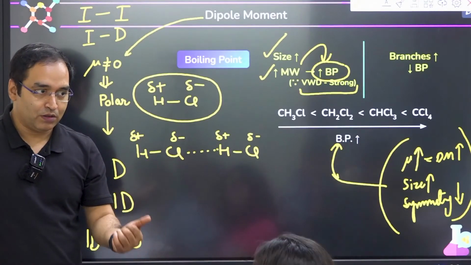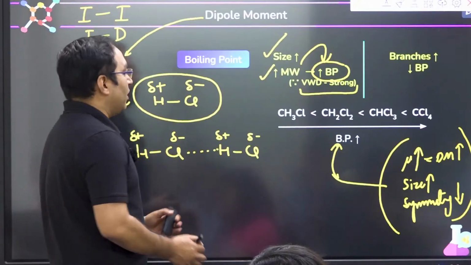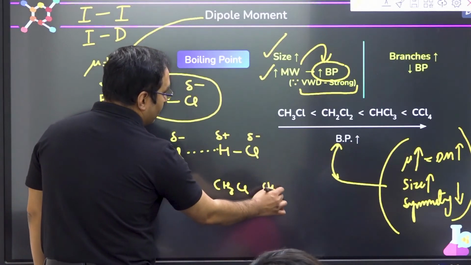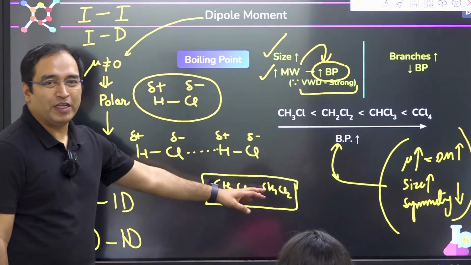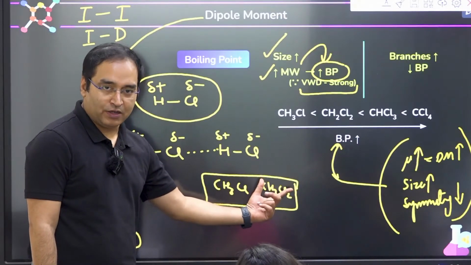Is it clear? Are you understanding this point? So I'm just writing. Let's say if a question comes in the exam, CH3Cl and CH2Cl2, which has the higher boiling point? Here you don't have to check anything. Just see, this is having high molecular weight, big size. This is higher, right?